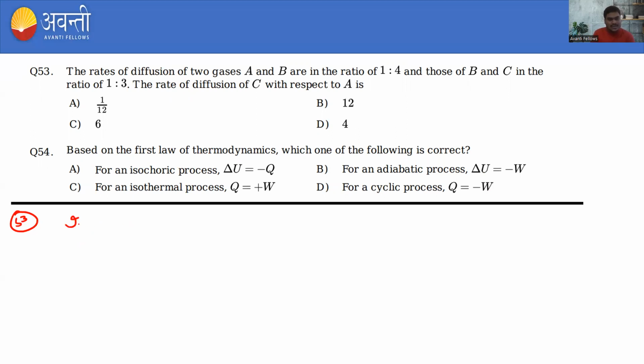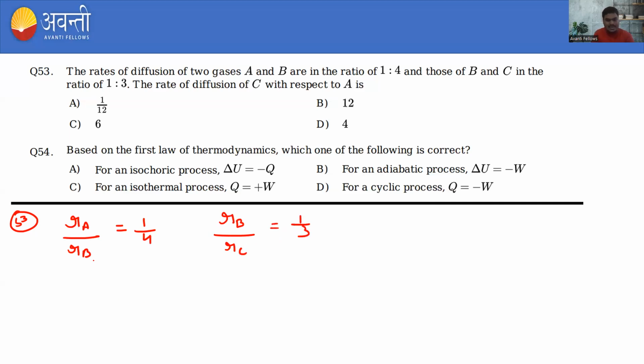So we know that the rate of diffusion of A and B is equal to 1 by 4. Similarly, the rate of diffusion of B and C is in the ratio 1 by 3.